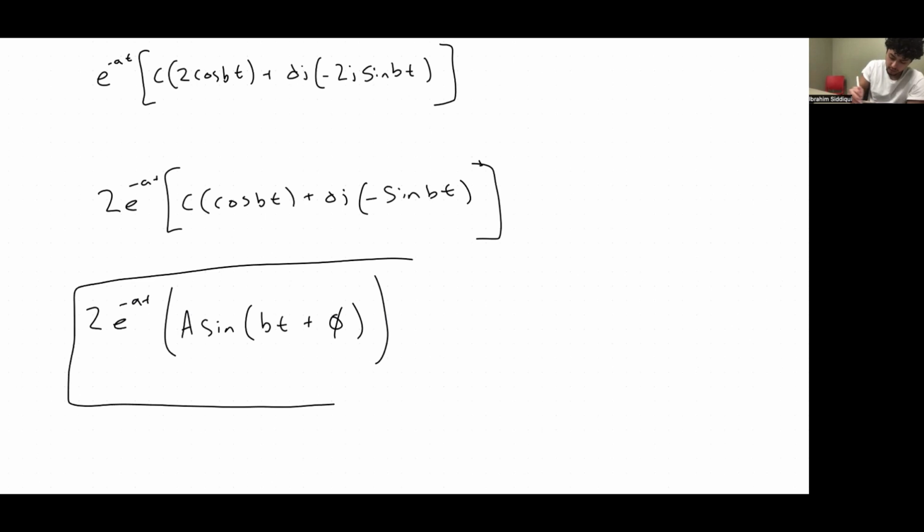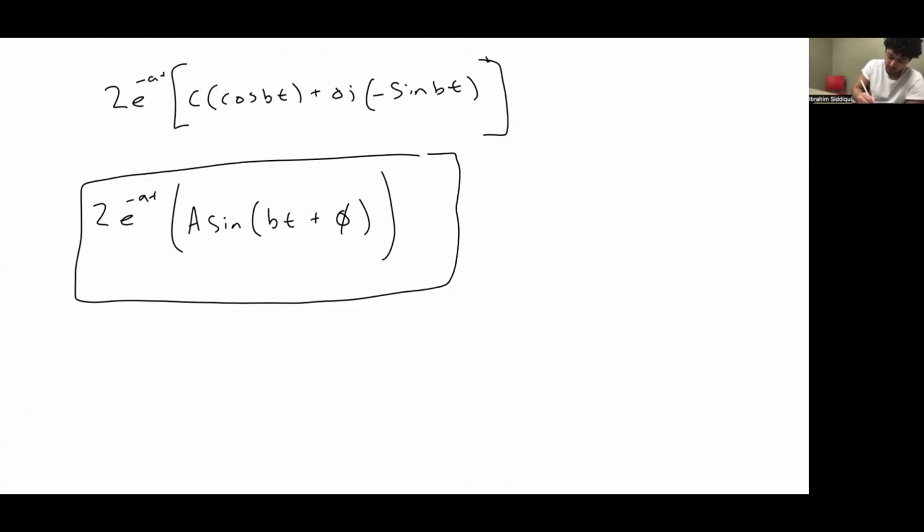Before we move on, we want to look at a few constraints: a sine phi equal to c and a cosine phi equal to d. These are the two variables we were looking at. From this, we know that a equals the square root of c squared plus d squared. Just some constraints that we want to look at. So this is our final equation.